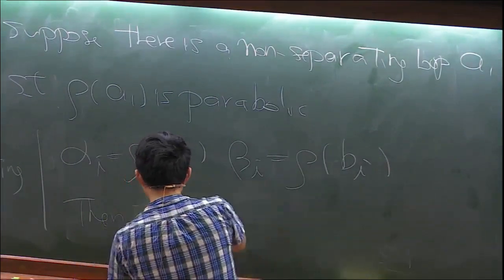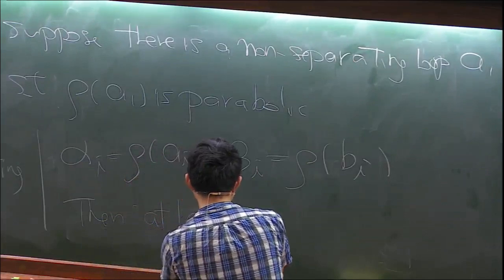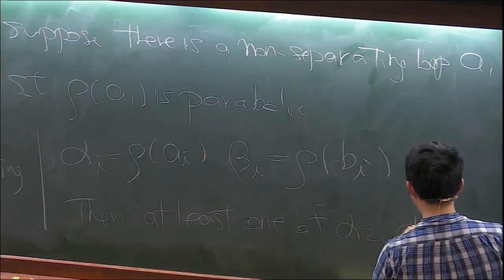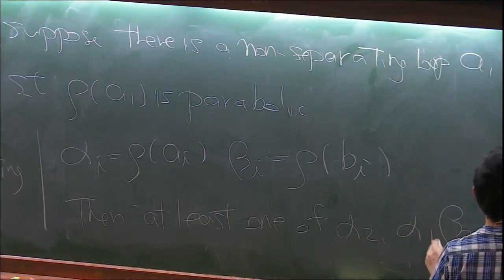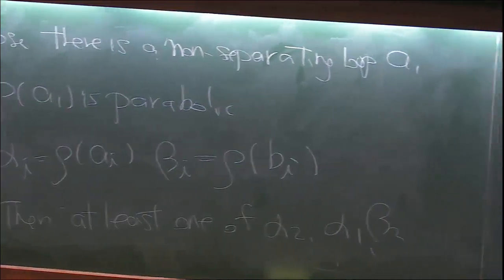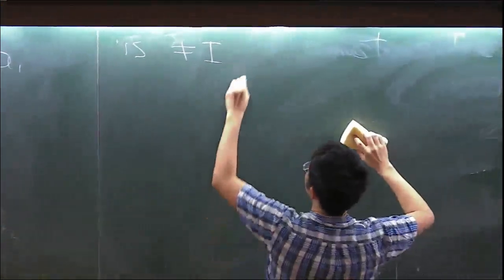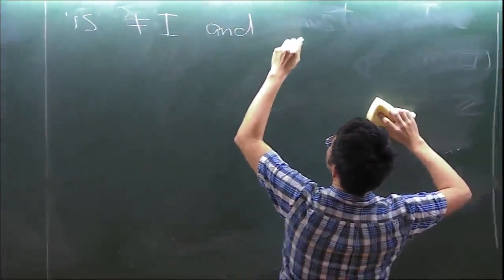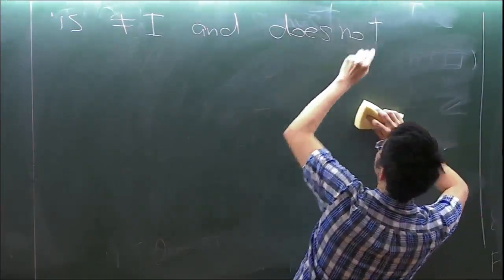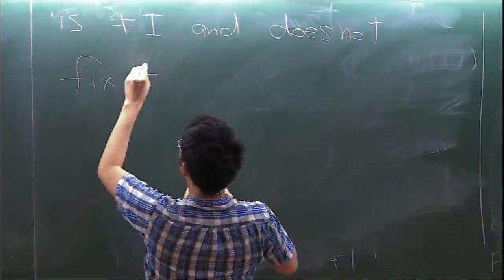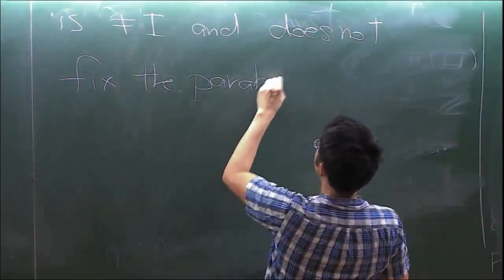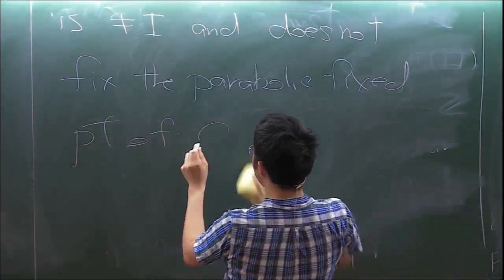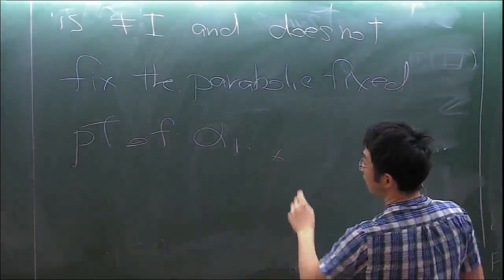Then at least one of alpha 2, alpha 1, beta 2 is not the identity and does not fix the parabolic fixed point, because it's non-elementary.